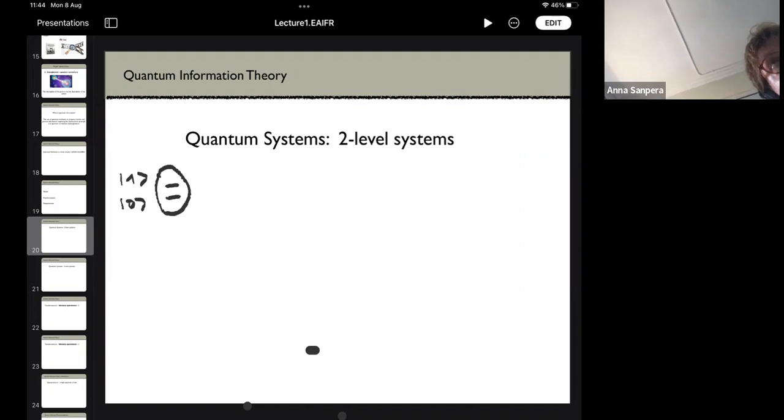So an atom with two levels which are well differentiated, the ground state and the first excited state, or the spin of an electron, which can be up or down along one direction, or any other thing that you can invent, which has two levels which are well separated and can be addressed independently.